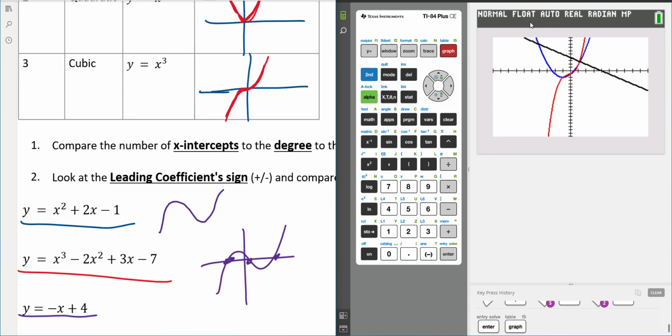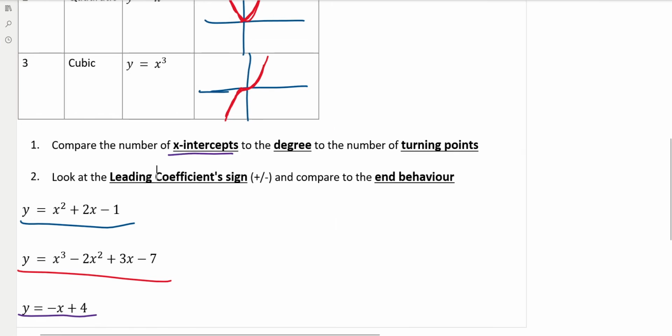And again, the point here is that depending on the degree, you have that many turns. So 1, 2, 3 turns, this would tell us that it's a degree 4. Okay. So again, if you compare the number of x-intercepts, they can get up to, but they can't surpass the degree.